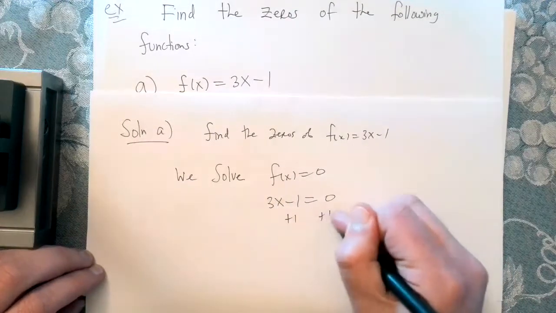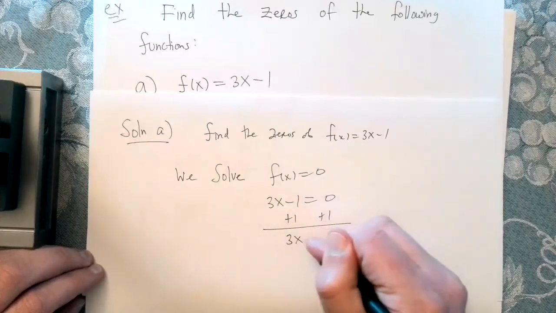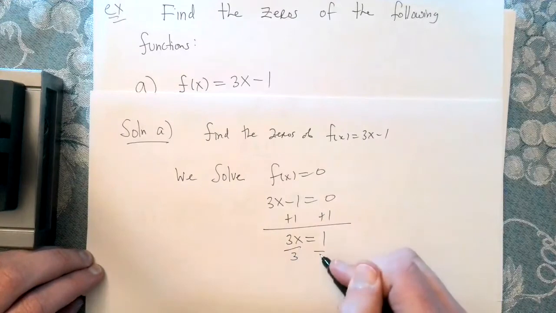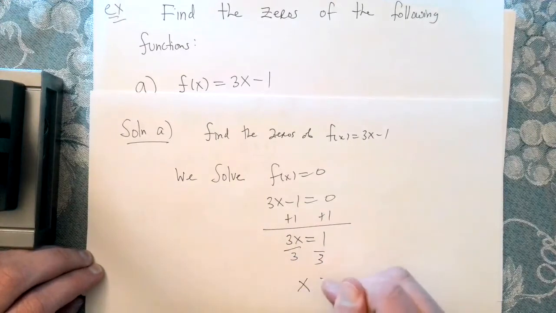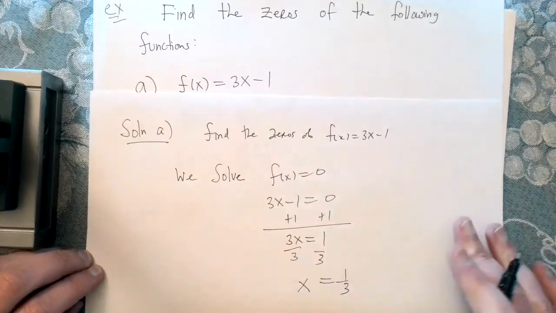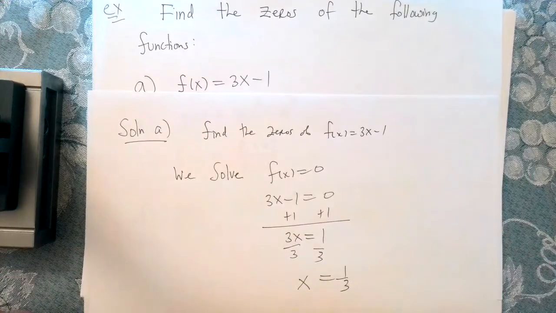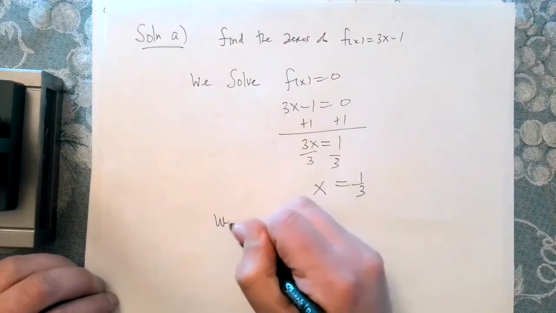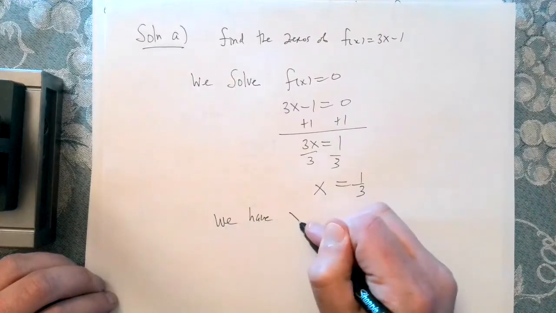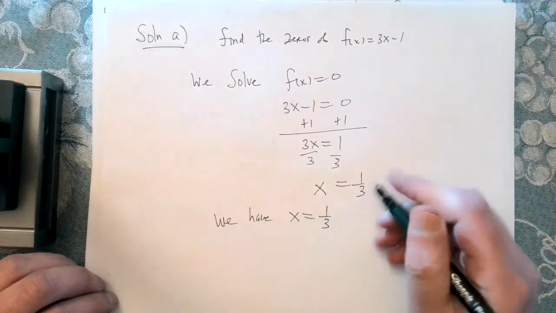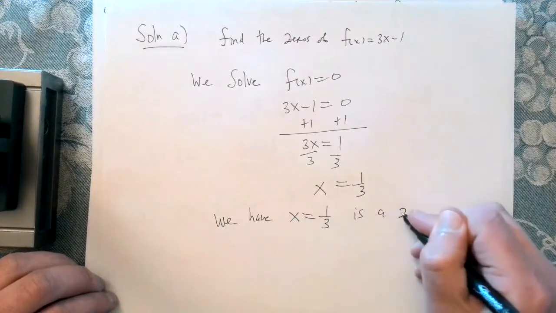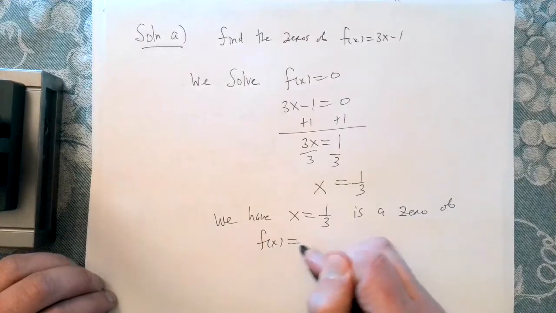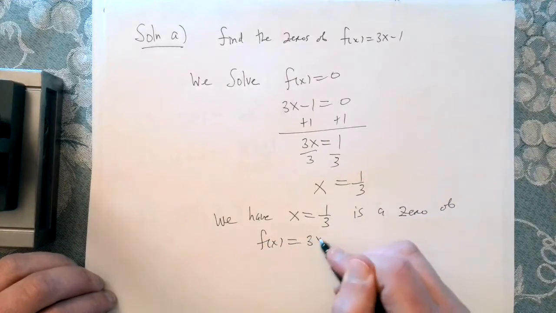We're going to add 1 to both sides. That's going to leave us with 3x equals 1. And then we'll divide both sides by 3. So we have x equals 1/3 is a 0 of the function f of x equals 3x minus 1.